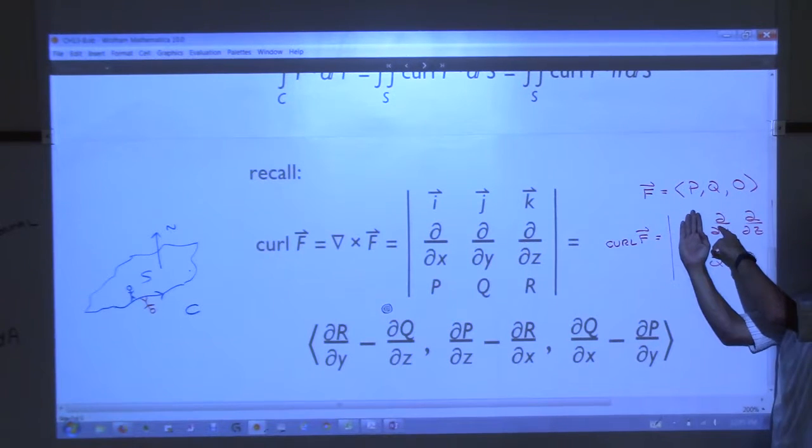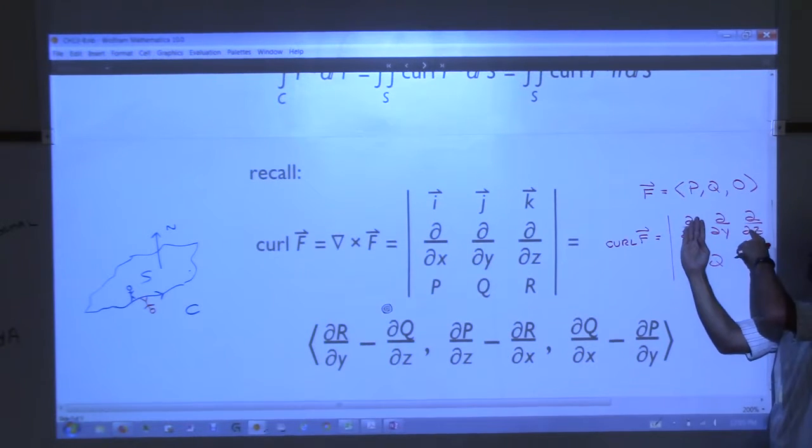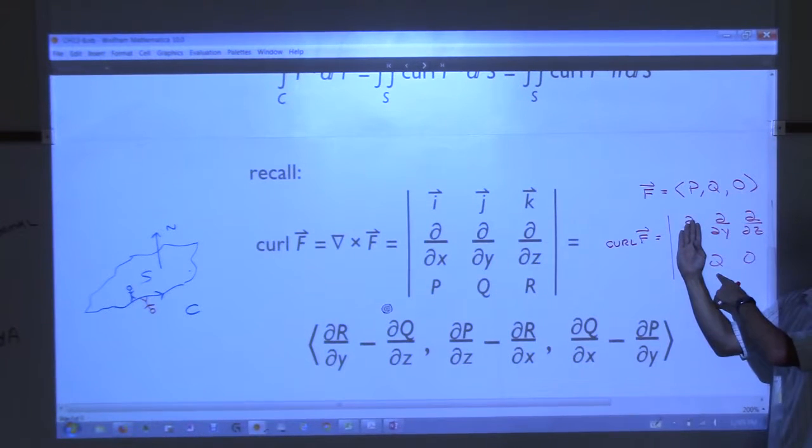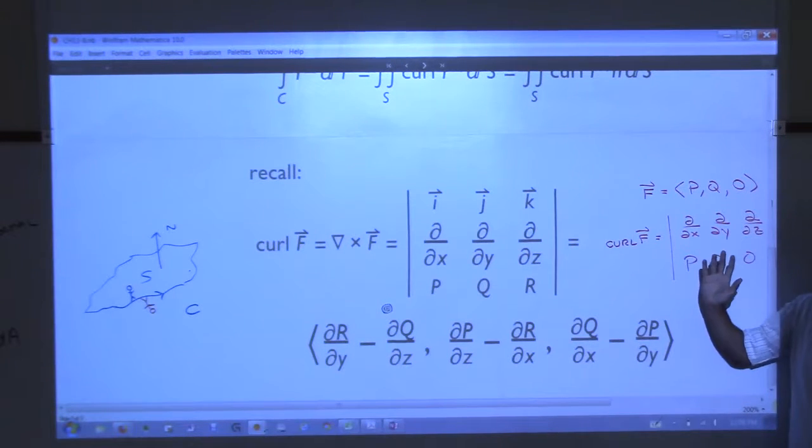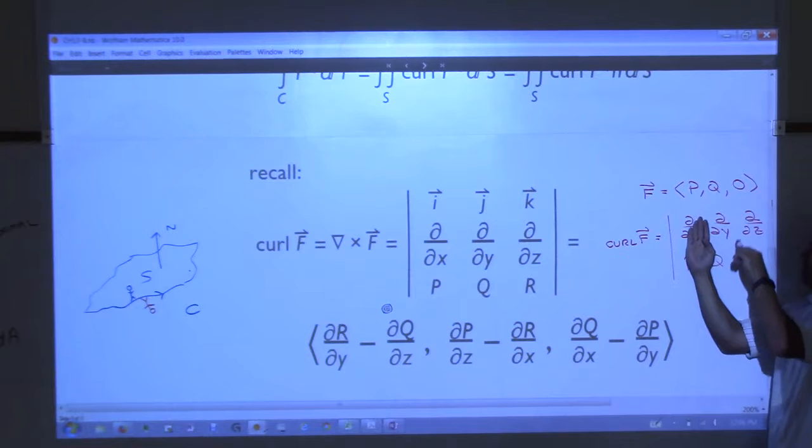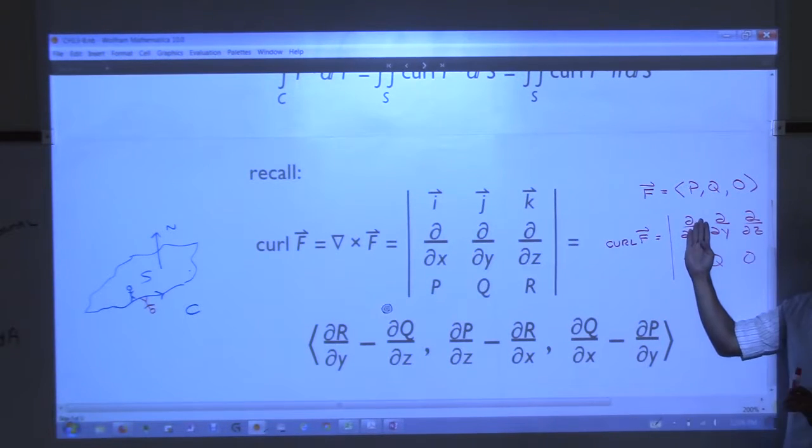We would get partial with respect to y of 0, which would be 0. And then partial with respect to z of Q. But remember, F in two-dimensional space will not have z's in it, will it? I'm trying to show you where Green's theorem comes from. So the partial with respect to z of Q should be 0 also, because that Q won't have z's.